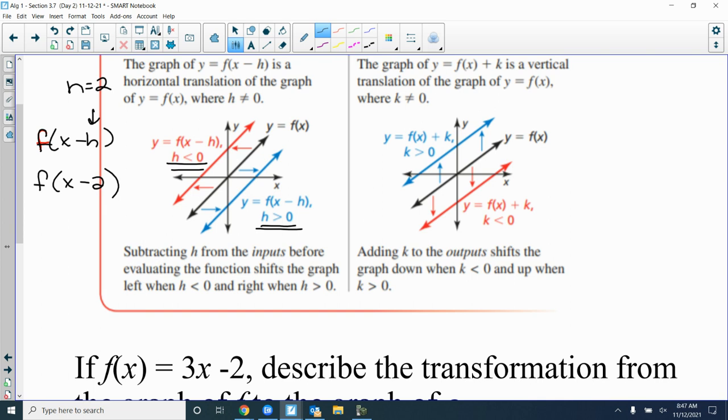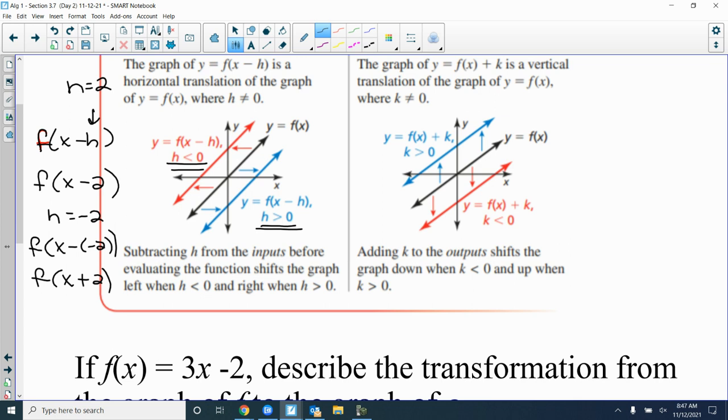So let h be negative 2, then this is what it looks like. It looks like x minus negative 2, and a minus and negative becomes a what? Positive. So it has to do with that h. A lot of times we don't tell you what h is, we just give you this. So here you'd say h is negative 2, okay?